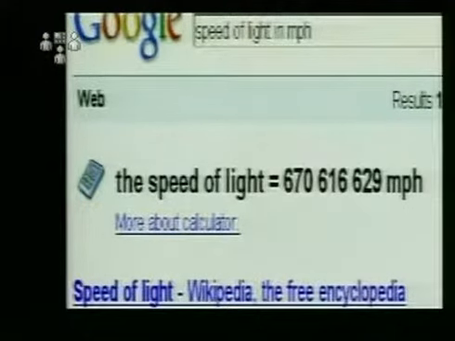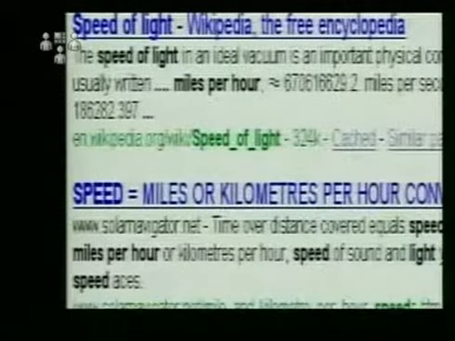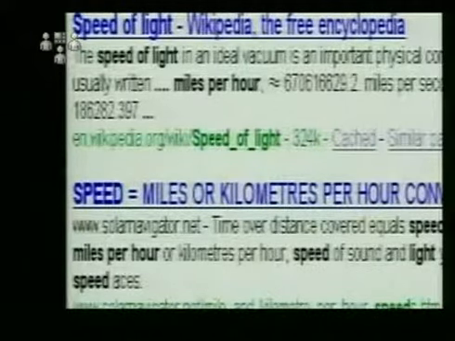Okay, so that's going to be 670,616,629 miles per hour. And that's in the usual process. That's not the figure given to us. As I come down, and I gave you meters, and I should have given you kilometers, my apologies. But the speed of light in kilometers per hour, and I'm going to click on that, and let's pick this one up.